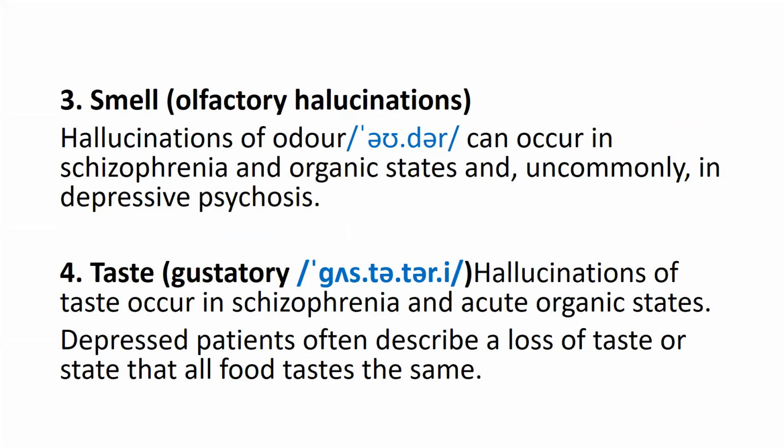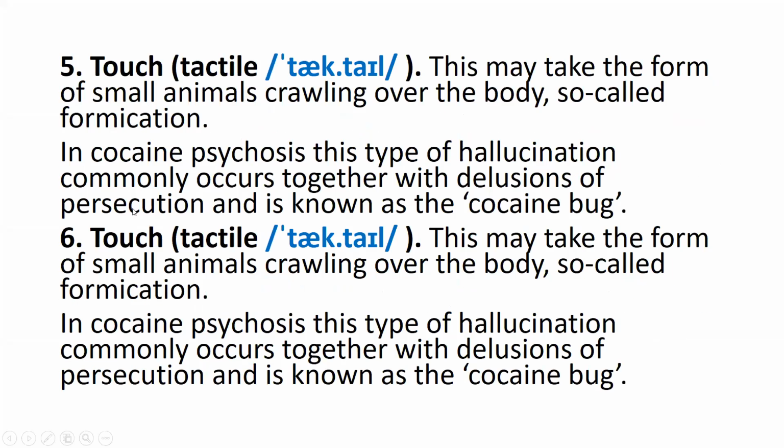It stinks of feces or something like that. Well, because you want to spoil me, or you want to poison me, something like that. Touch and tactile, the same things. Again, brain damage or cocaine.